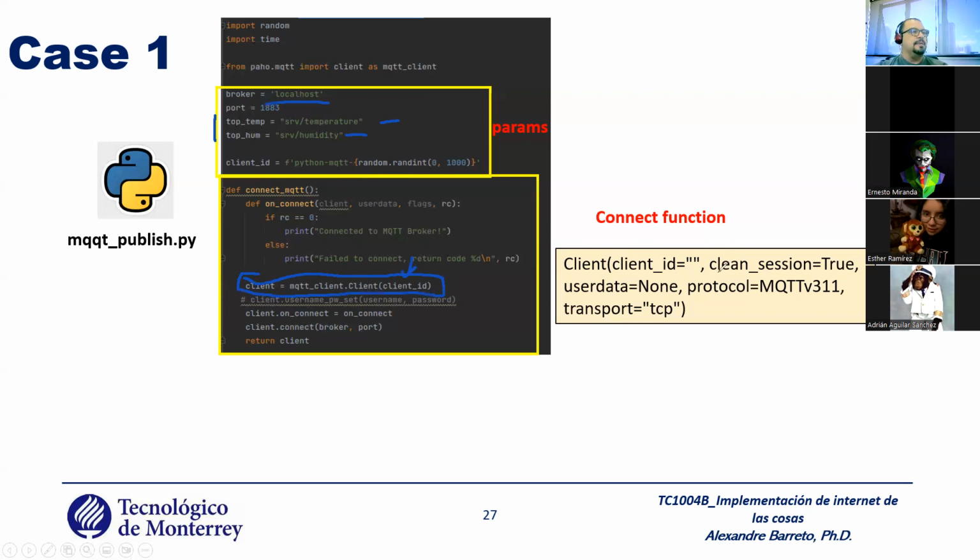However, you can pass the client ID, whether to clean the session, any user data, and you can define the protocol. For example, if you want your MQTT Python application to run over WebSocket, you don't need to by default, but if you want WebSocket, you need to define the protocol as WebSocket.